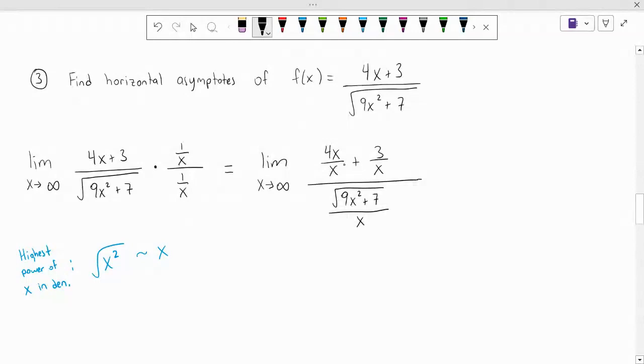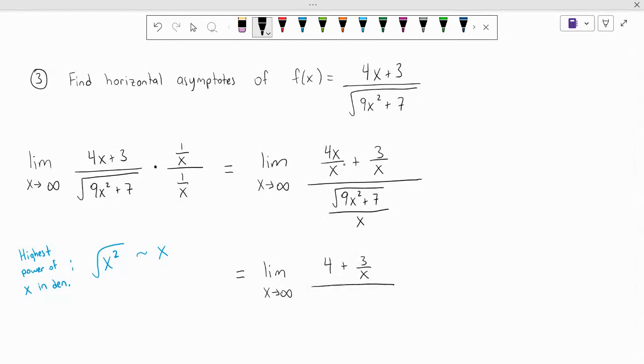I'm going to want to bring the x under the square root in order to simplify this. And the numerator 4x over x simplifies to be 4.